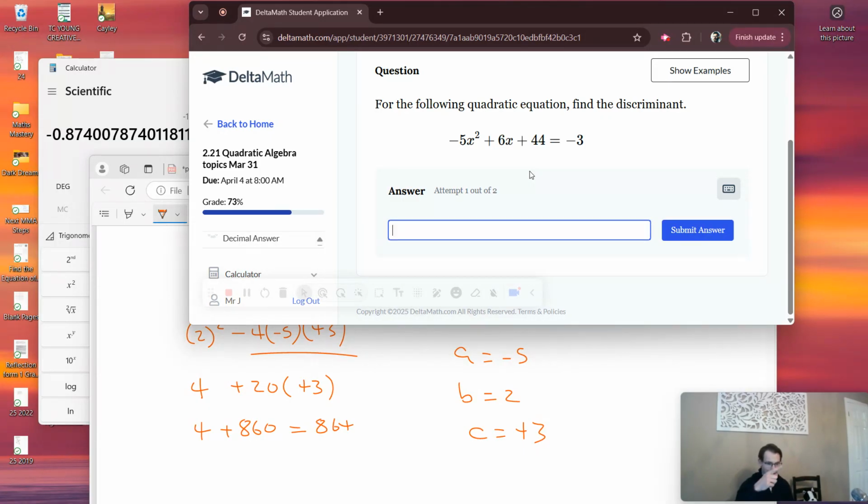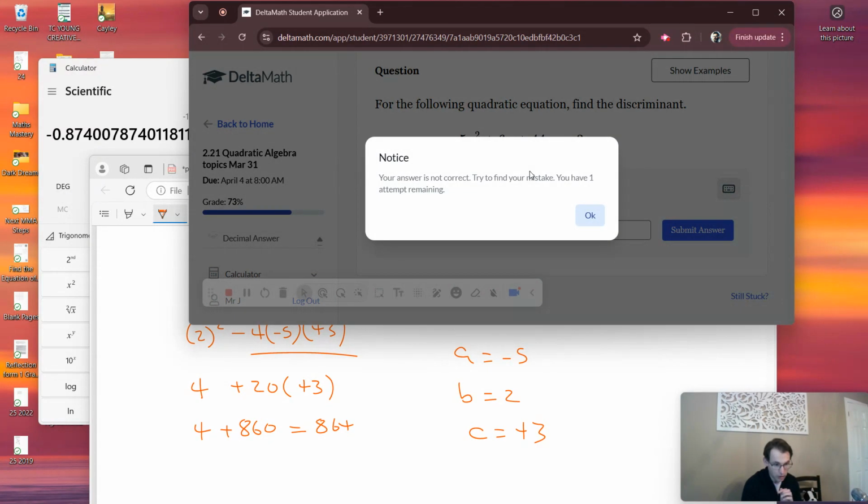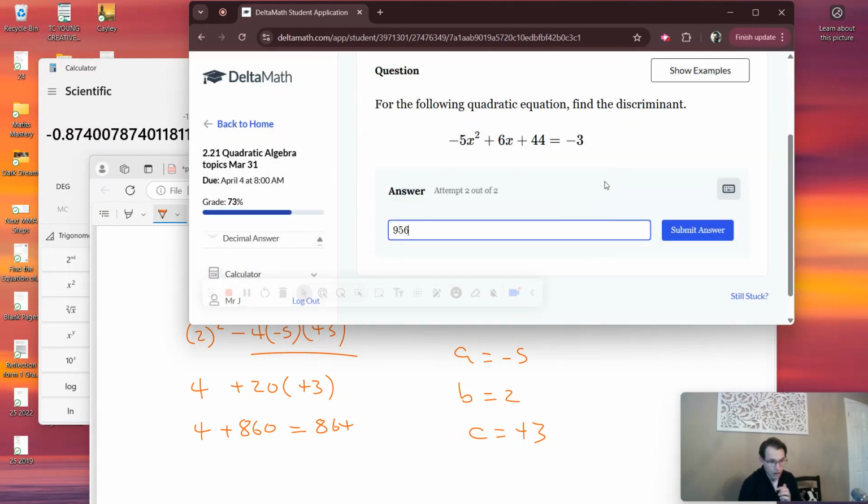Ooh, I have to move that over by adding 3 to both sides. So my c value is 47. Let's see if I can do this. 36 plus... 956. Scandalous.